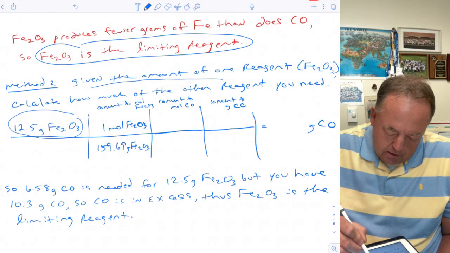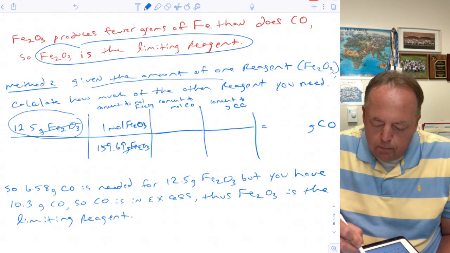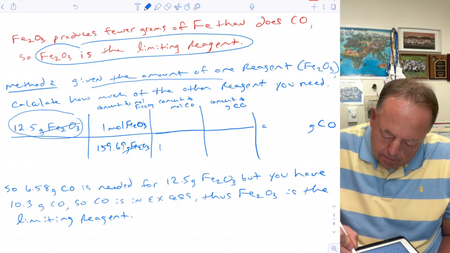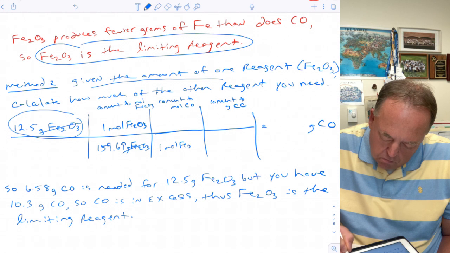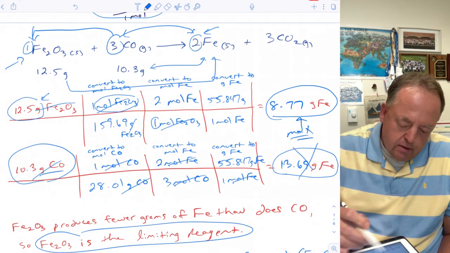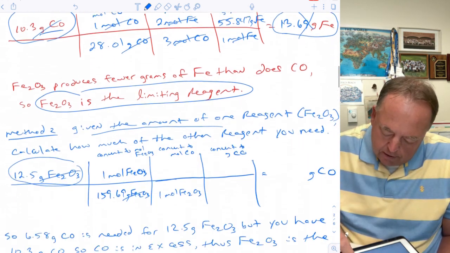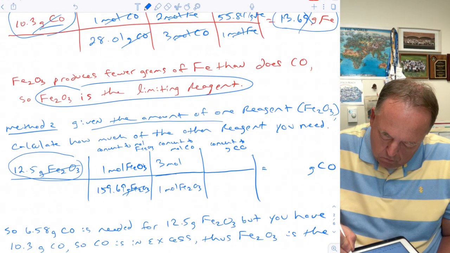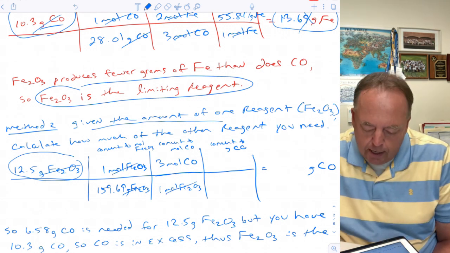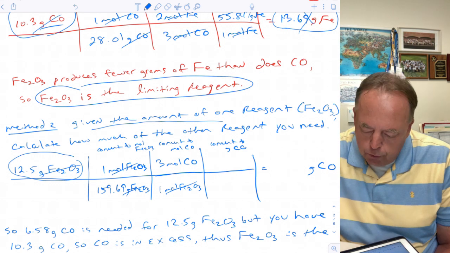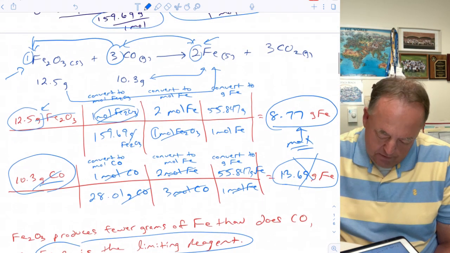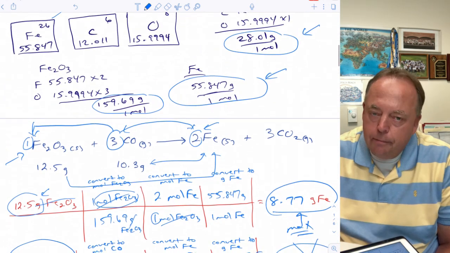So since the grams canceled out, we're in moles of Fe2O3. So we need the moles of Fe2O3 on bottom, right? That's from the chemical equation using that coefficient of 1, and then 3 moles of carbon monoxide on top. So now moles of Fe2O3 cancel out, and we have moles of carbon monoxide, so we can convert that to grams using the molar mass of carbon monoxide, which we said was 28.01.